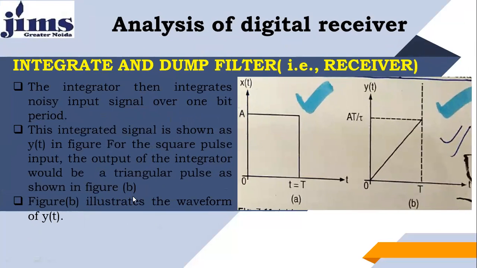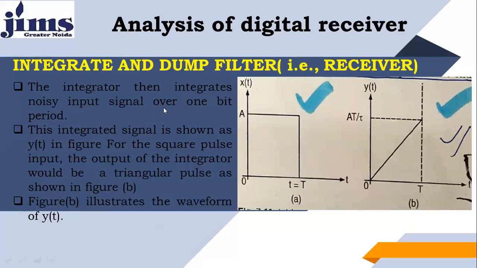So the integrator integrates the noisy input signal, that is x(t) plus n(t), over one bit period. Some voltage is developed over the capacitor, and the capacitor starts charging for a time interval equal to one bit period of a pulse.